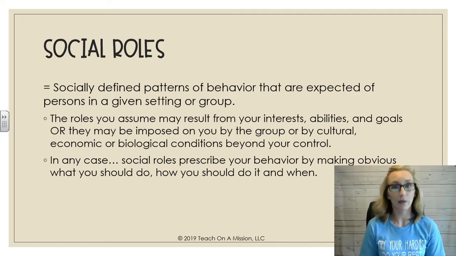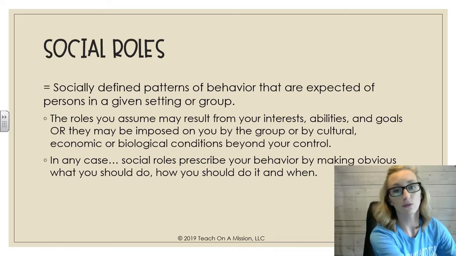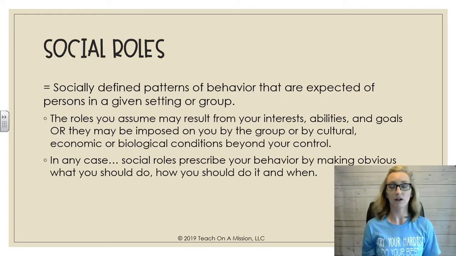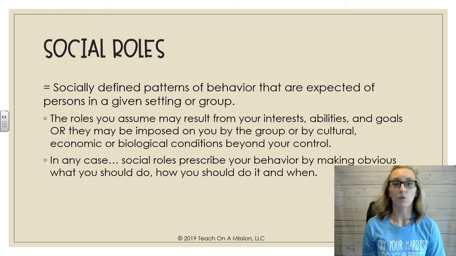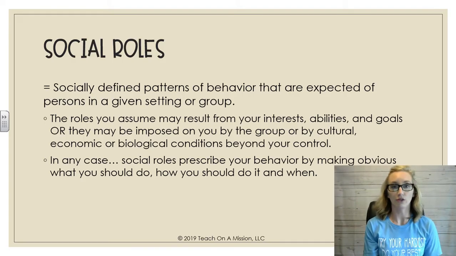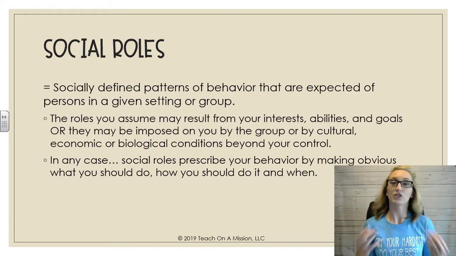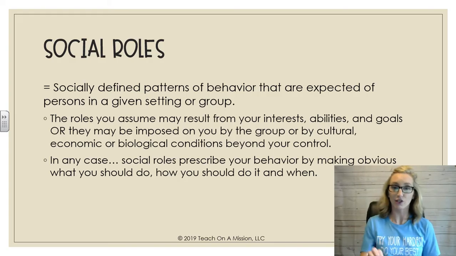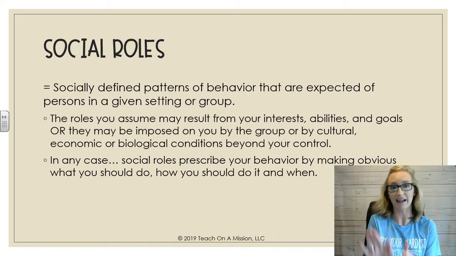So think of the way you were born and who you were born to. In any case, social roles prescribe your behavior by making obvious what you should do, how you should do it, and when. So again, it prescribes your behavior, meaning determining what you should do, right? And how often and when.